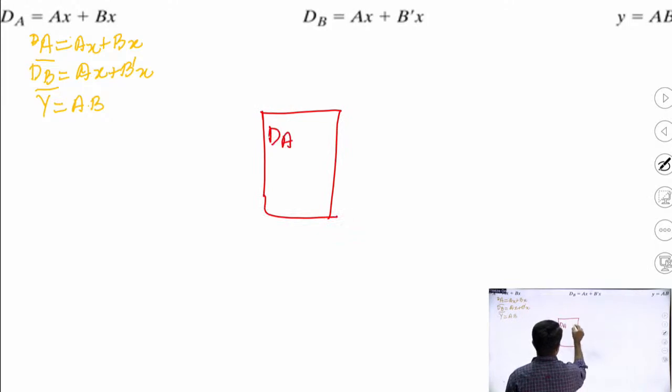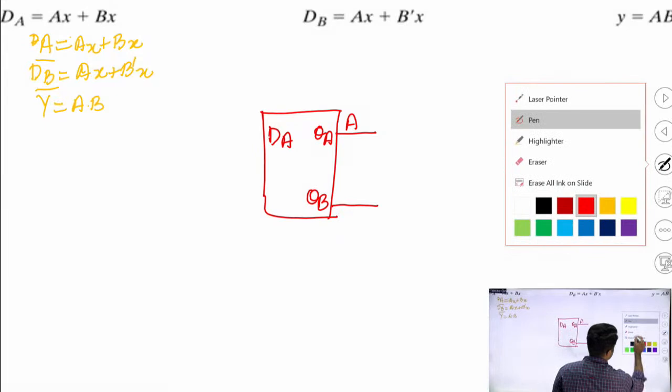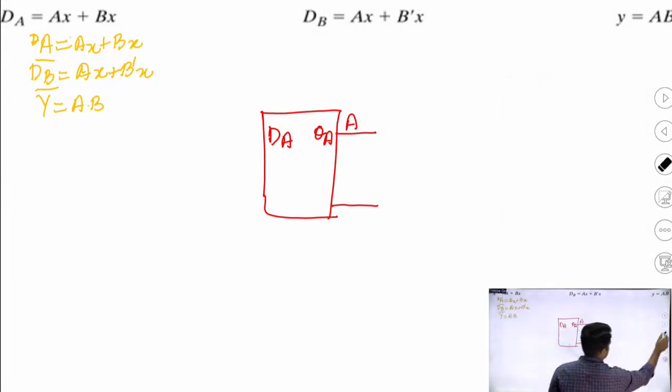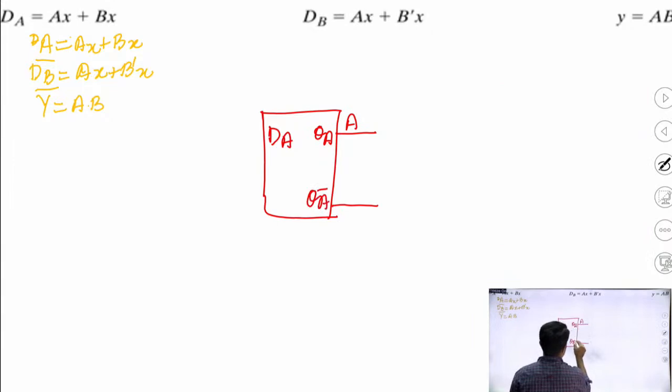DA, QA, QB. This QA will be A, and this is QA bar, the QA complement acting as A bar. This is the clock, this is the input.